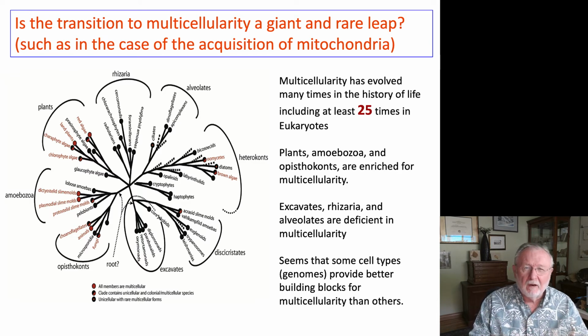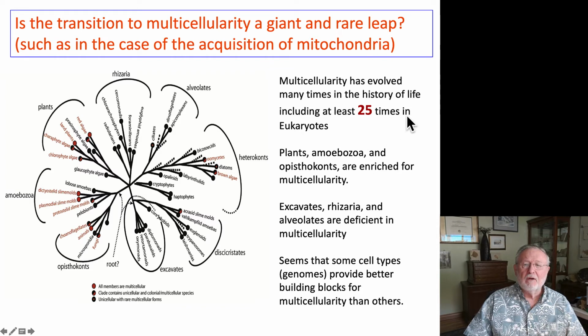Is it as rare as the evolution of oxygenic photosynthesis? The answer turns out to be no. Multicellularity has evolved at least 25 times in the eukaryotes. Lots of plant groups, amoebas, and others are enriched with multicellularity. So it is not a unique event.